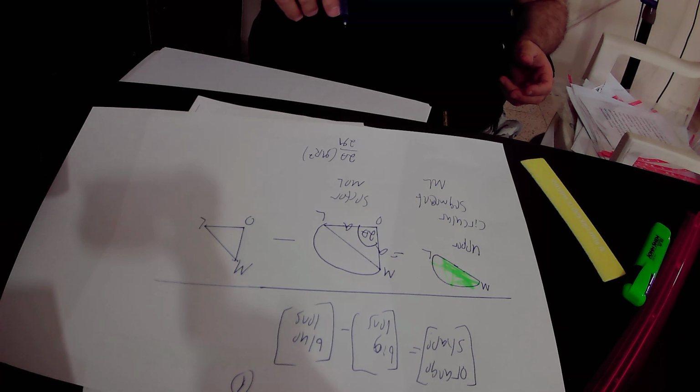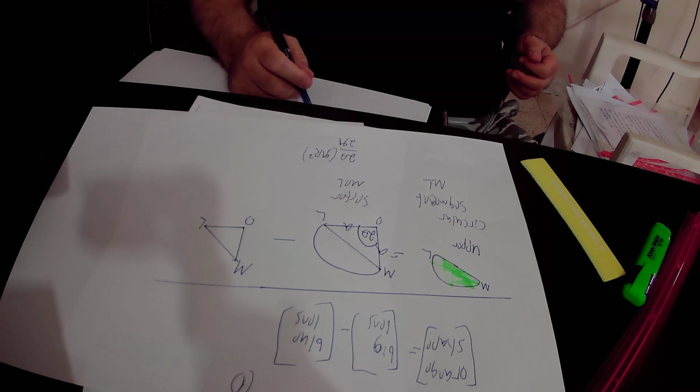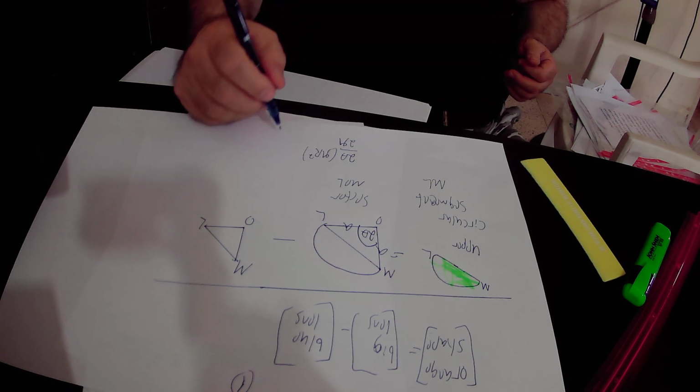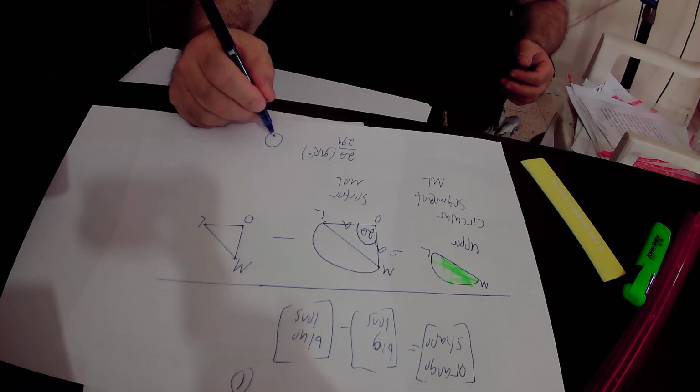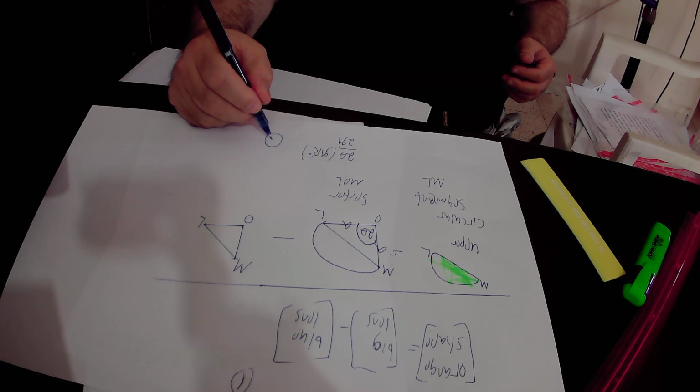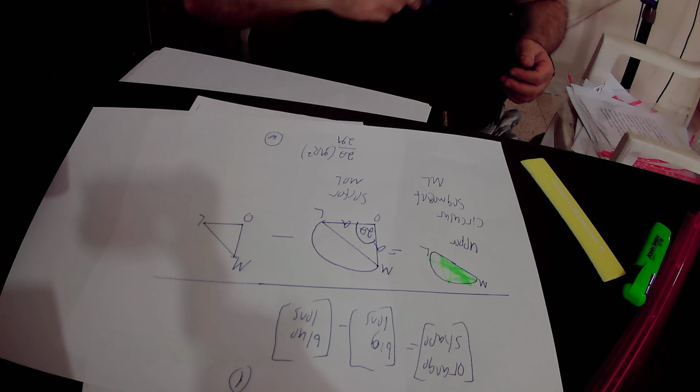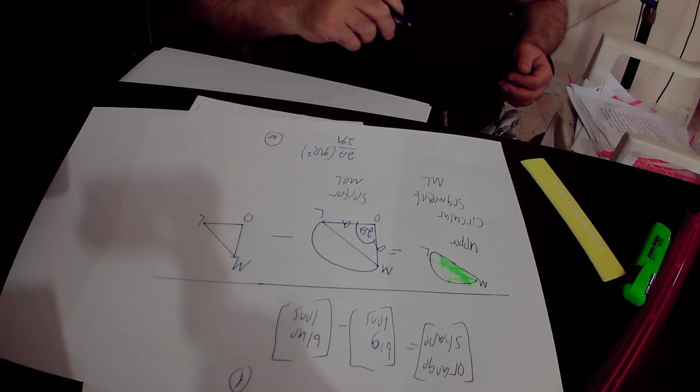If we have a circle, the angle that this circle creates is 360 degrees, or 2 pi radians in terms of radians.